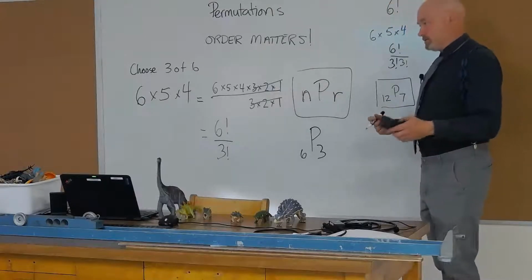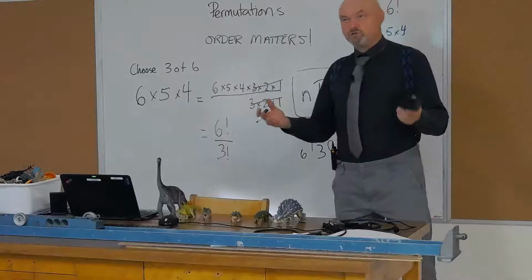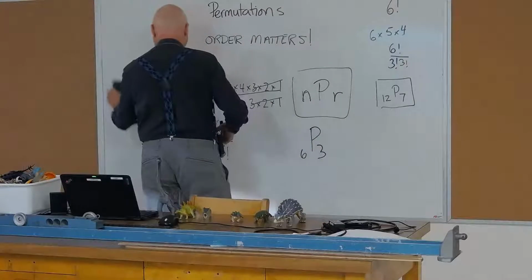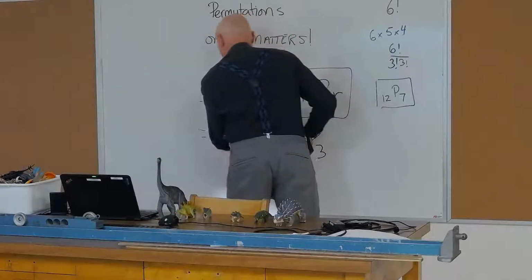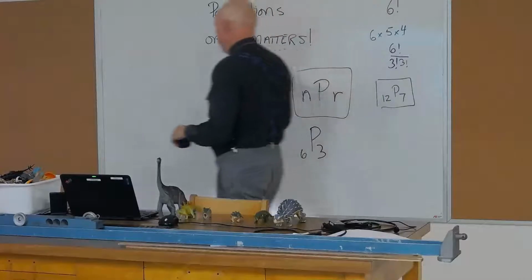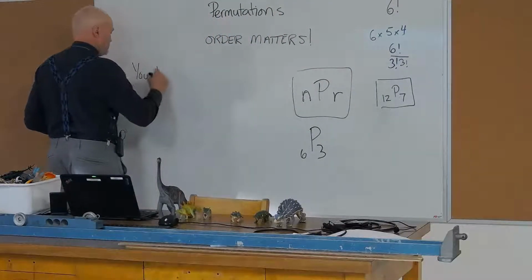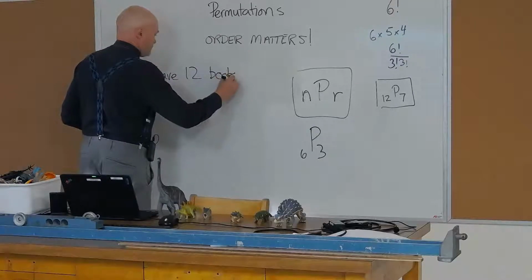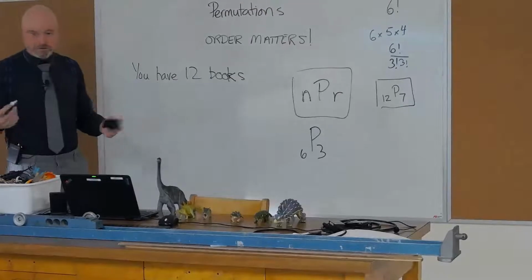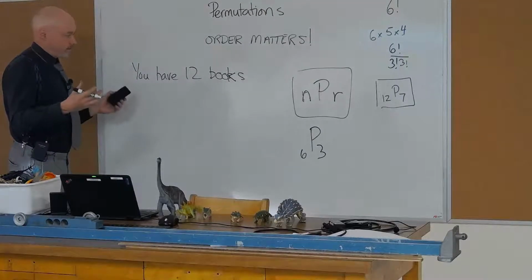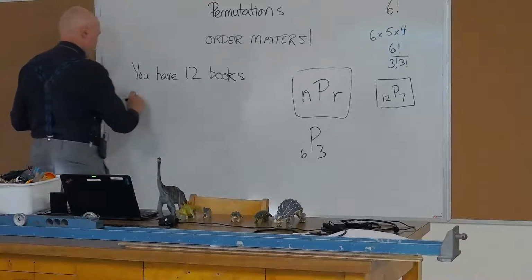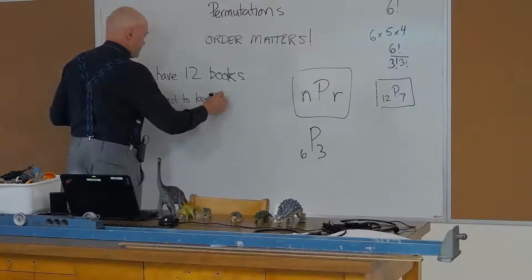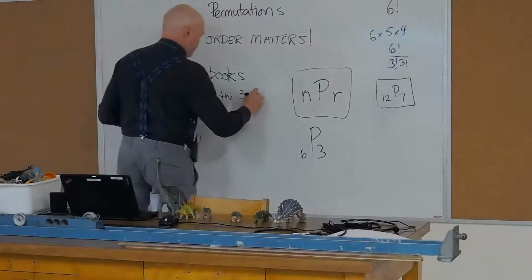Now the last thing is sometimes, it's usually a book problem. So the question sounds like this. So you have 12 books. You have 12 books to choose from. And you need to keep the 3 math books together.